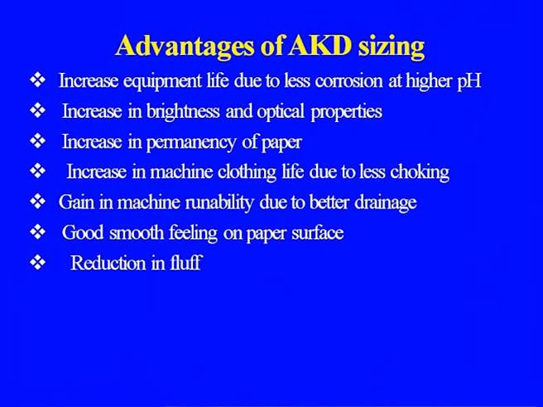If the drainage is poor, then definitely the running of the machine will be affected, and the sheet which you get will not have the proper strength. Also a good smooth feeling on the paper surface, and reduction in fluff.